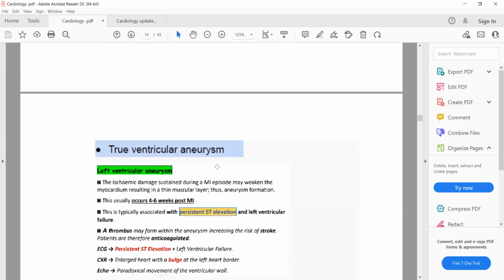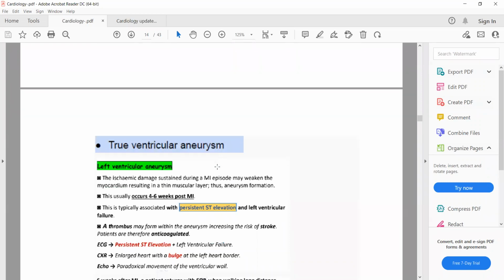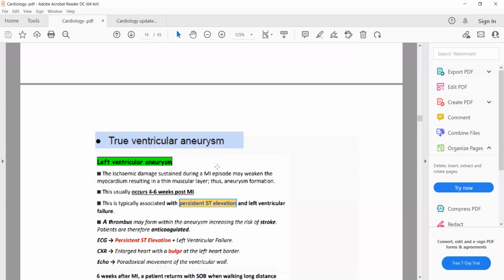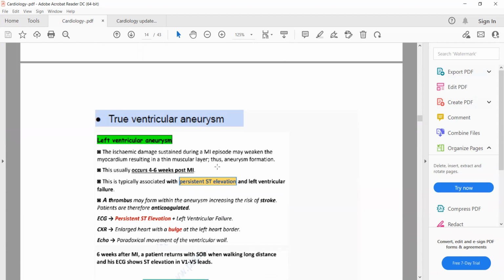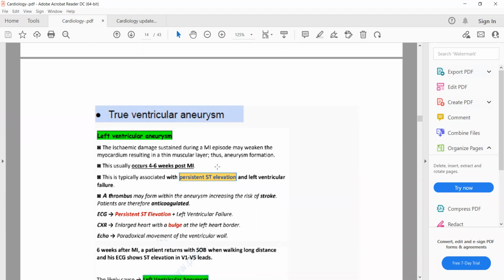We discussed that the scar tissue is weak. It can lead to a rupture of the muscles, or there can be outpouching of the scar tissue, which we call ventricular aneurysm.